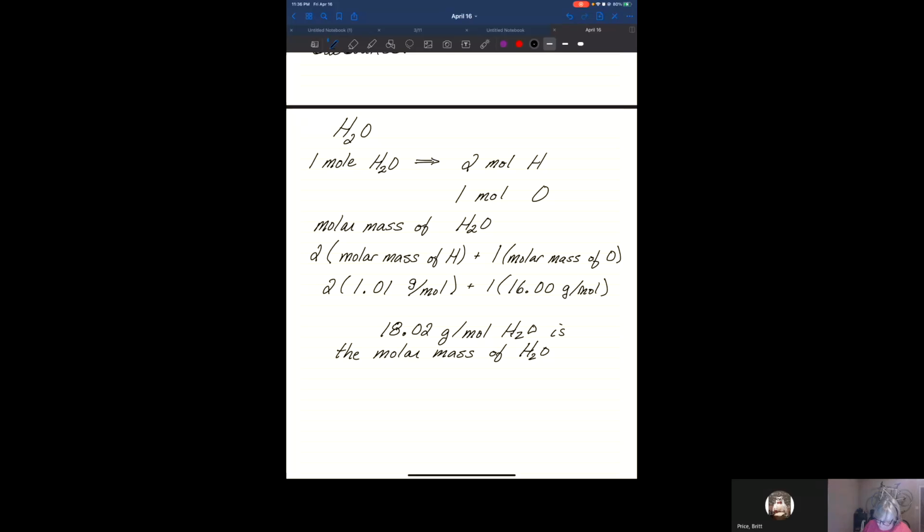In other words, 1 mole of water has a mass of 18.02 grams of water.